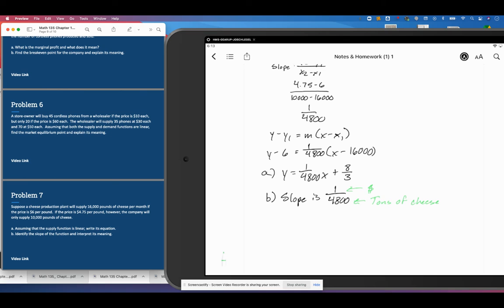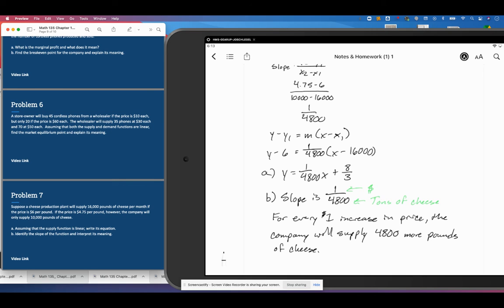So our slope is positive, and so what this would mean is that for every $1 increase in price, the company will supply 4,800 more pounds of cheese.